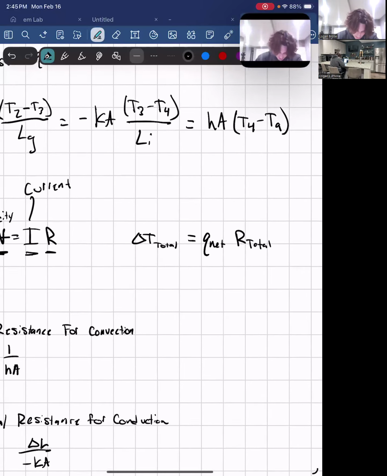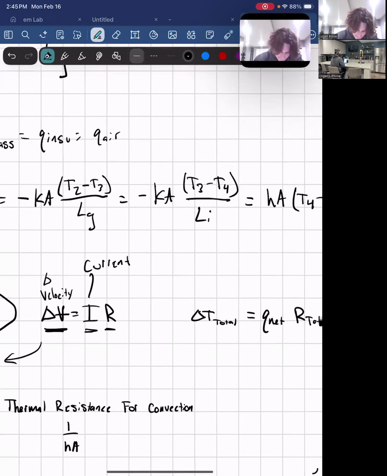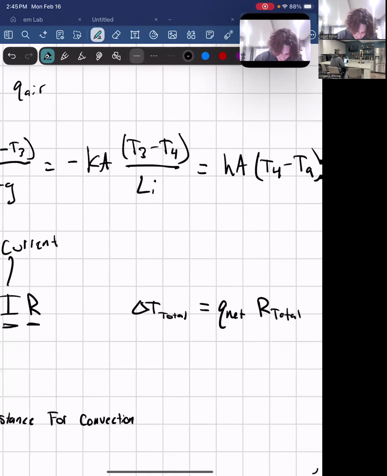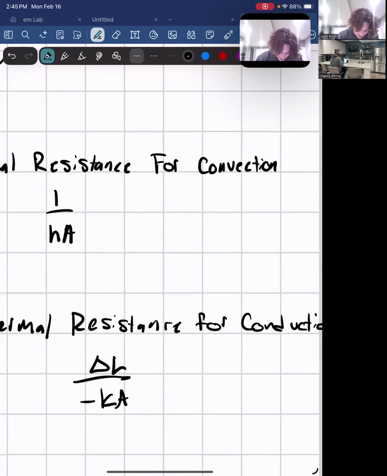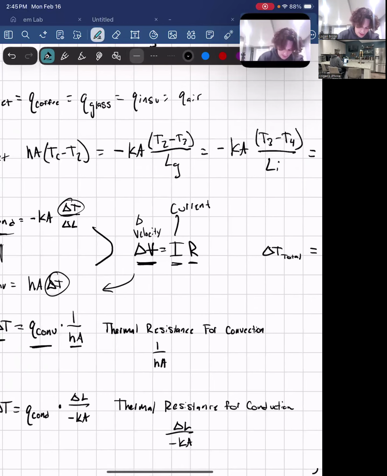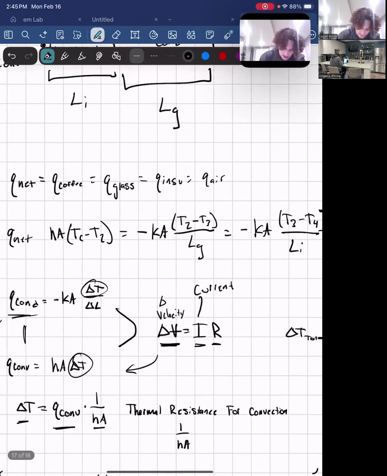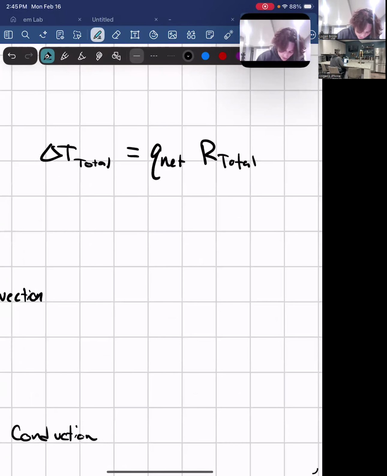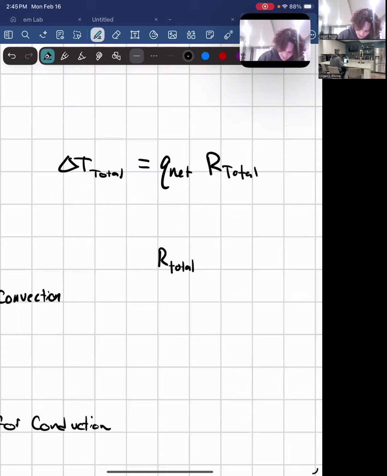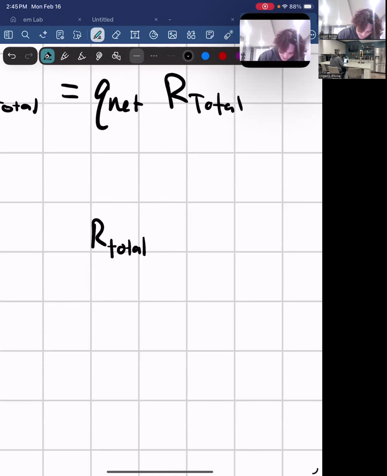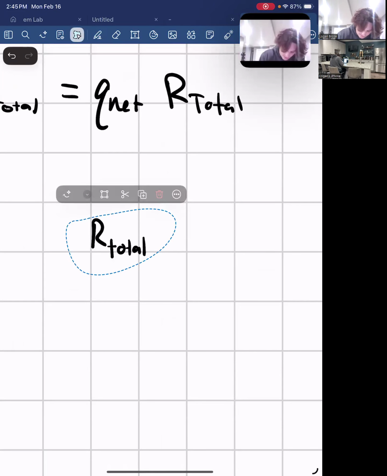So when we're looking back at our thermal resistances, we know that we have a convection, a conduction, a conduction, and a convection, right? So our R total will be, sorry, move this over.